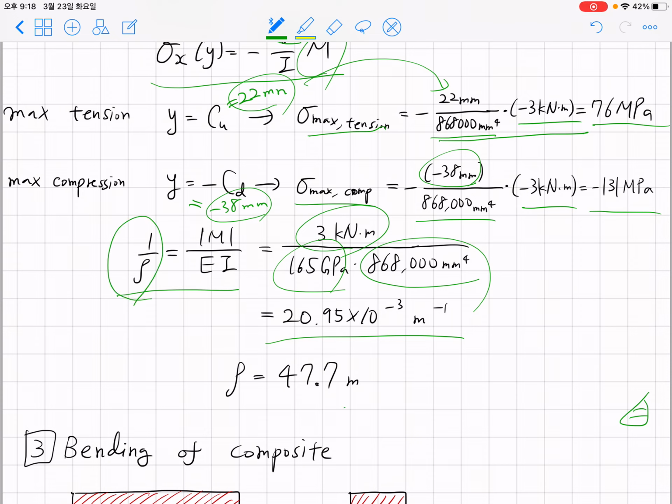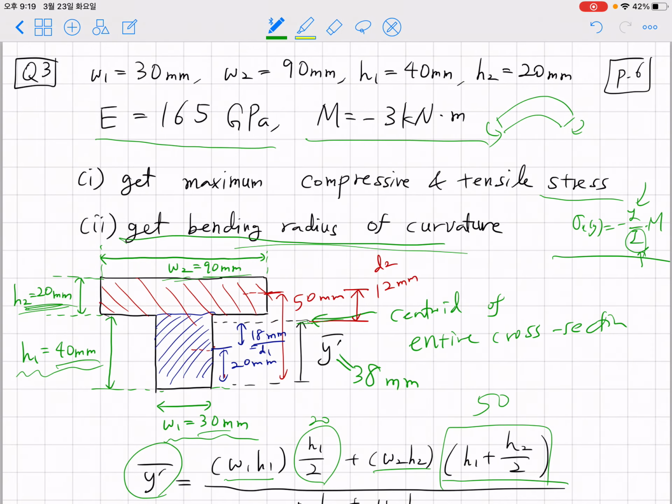If you take the inverse of this 1 over rho, you obtain rho equal to 47.7 meter. You can see that the bending radius of curvature is quite small for this material property, 165 gigapascal, with an applied moment of 3 kilonewton meter. With that, we were able to answer the 2 questions in question 3.